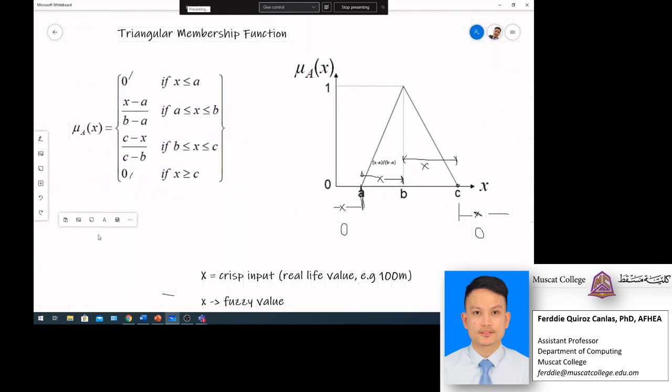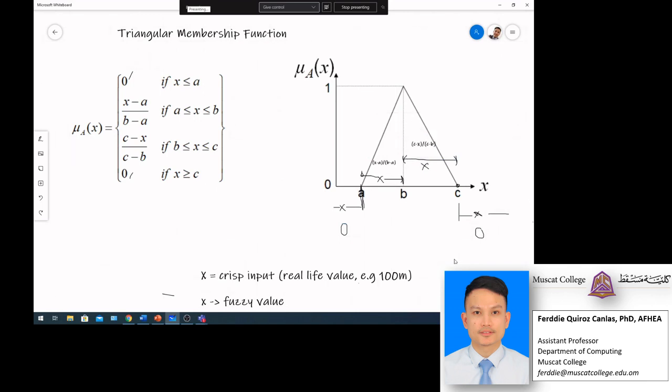What is the formula? The formula is c minus x, divided by c minus b, if my x is residing on this side. So these are the formulas you're going to use.